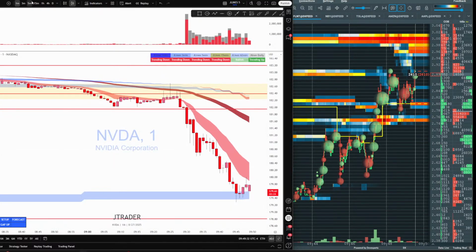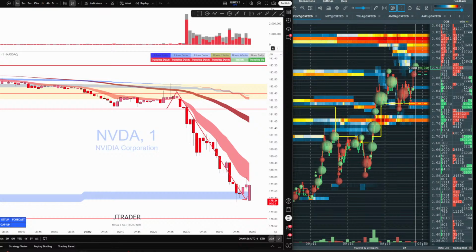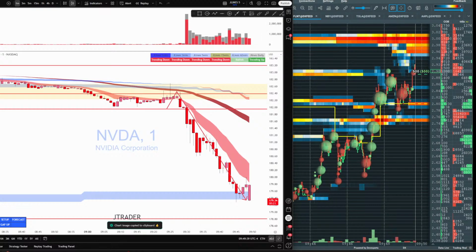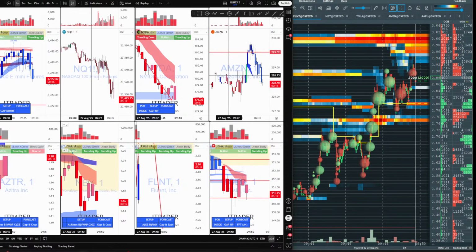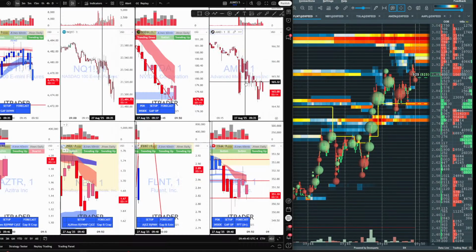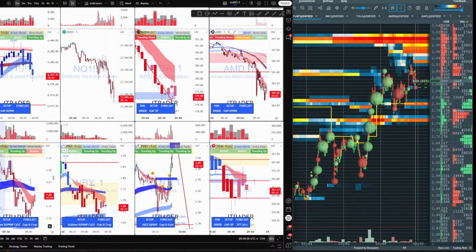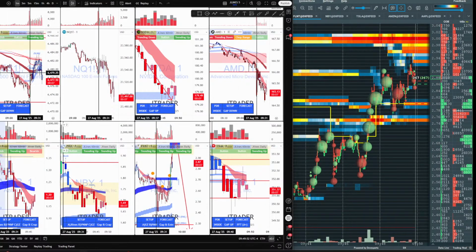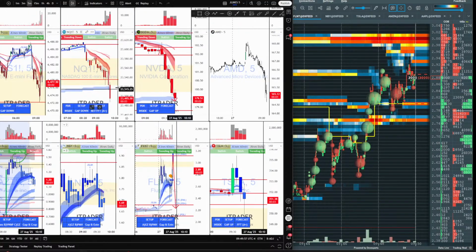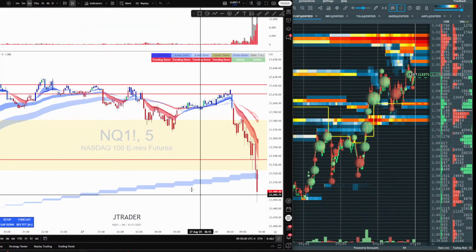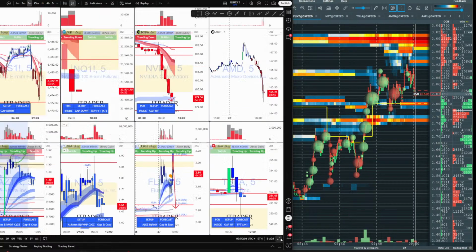NVIDIA still headed south over here. So you can see JLine rejection and unwind. AMD is still fading as well. And NQ over here, still with a JLine rejection.